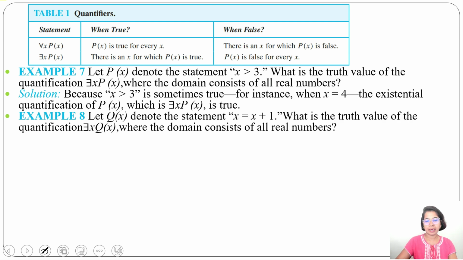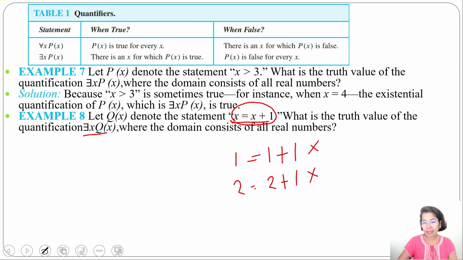Next, example 8. Let Qx denote the statement x equals x plus 1. What is the truth value of the quantification there exists x Qx, where the domain consists of all real numbers? x equals x plus 1. This is false. Suppose x equals 1, then 1 equals 1 plus 1 is false. Suppose x equals 2, 2 equals 2 plus 1 is false.